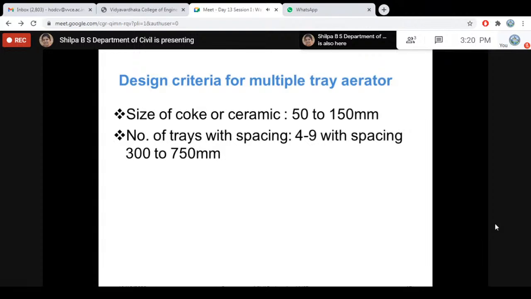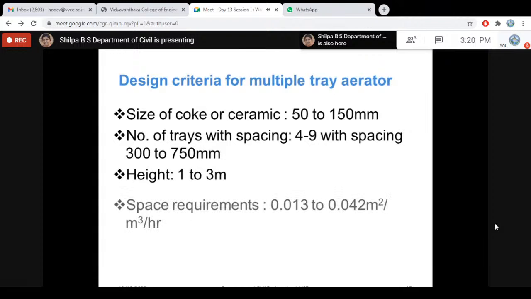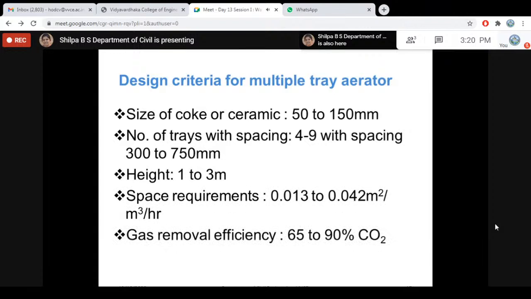The number of trays will usually vary from 4 to 9, with a spacing of about 300 to 750 millimeter, and the total height of this aerator will vary from 1 to 3 meters. The space requirement is 0.013 to 0.042 meter square per meter cube hour.